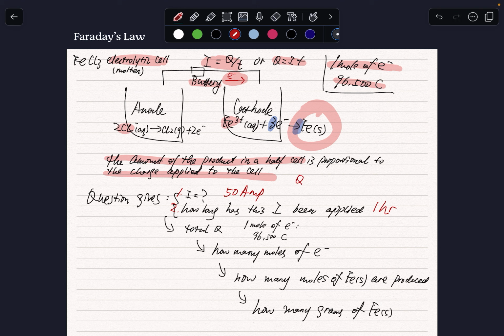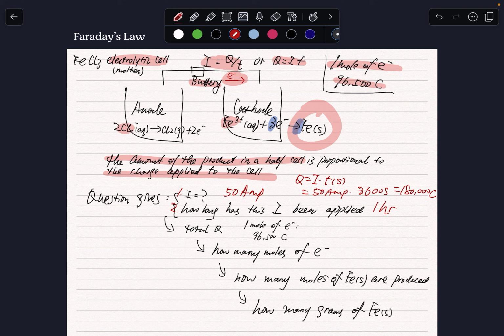since we know that Q equals I times t, so t is really in seconds, right? So 50 amps times 3,600 seconds, that's how many seconds you have in an hour, right? That gives me 180,000 coulombs, okay? So that's the total charge that has been applied to the cell, okay?